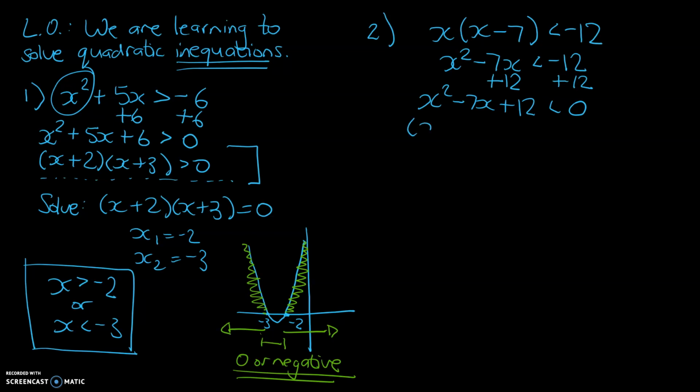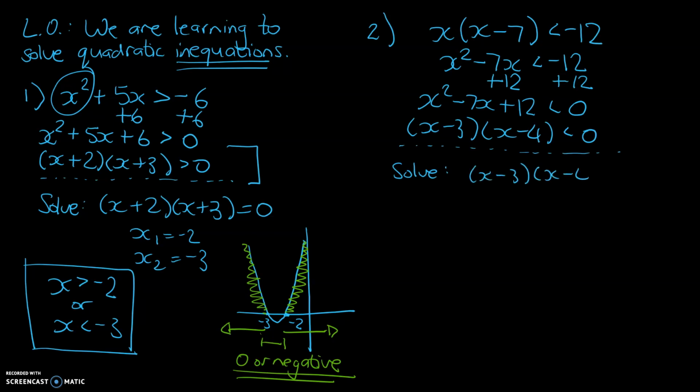Like a quadratic equation, we're then going to factorize, which becomes x minus 3, x minus 4. And that is as far as we can go with our inequation. We then need to revert back to equations to calculate the roots or the values which that inequation will be equal to 0.